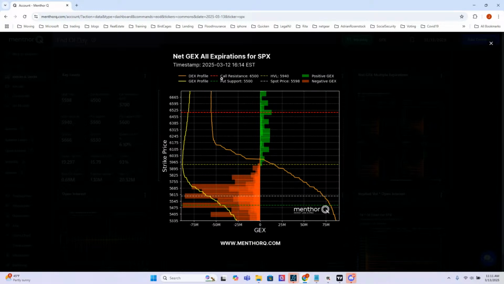interestingly enough, the call resistance area seems to have moved up fairly dramatically, way up to 6,500. I guess this is what the data has shown, but the high level node area where you have an inflection point of bullish to bearish is around 5940.